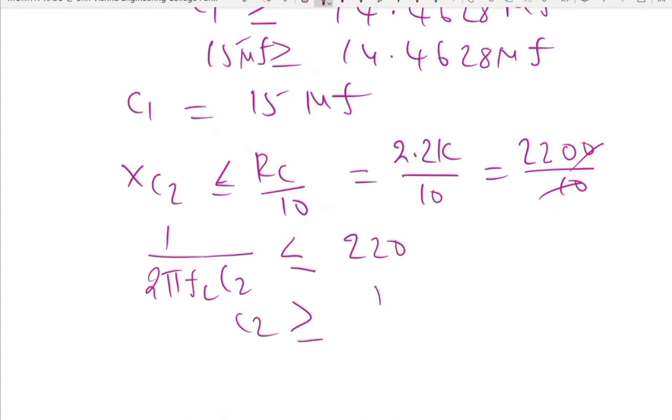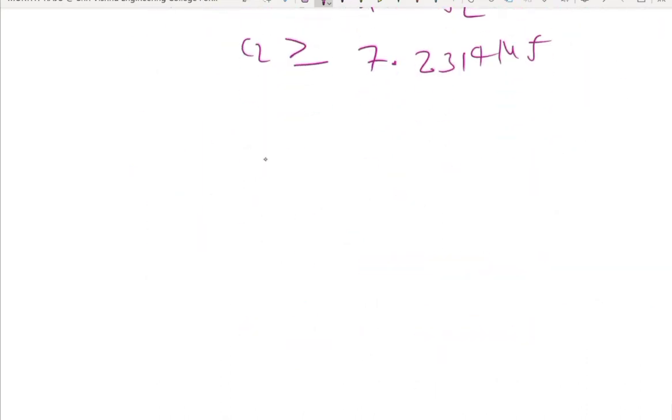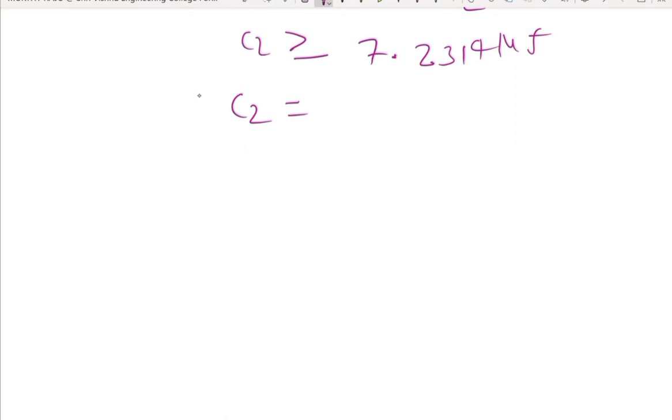Therefore, C2 is greater than or equal to 1 by 2 pi FL into 220. 1 by 2 pi into 100 into 220. That value is C2 greater than or equal to 7.2314 microfarad. Therefore, let C2 be equal to 10 microfarad.